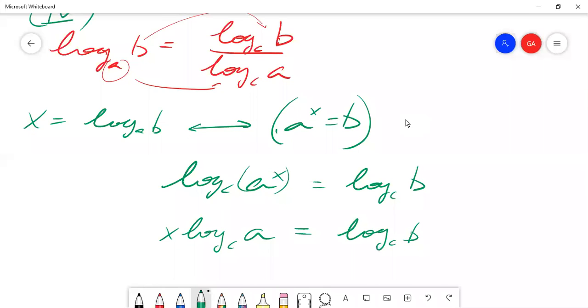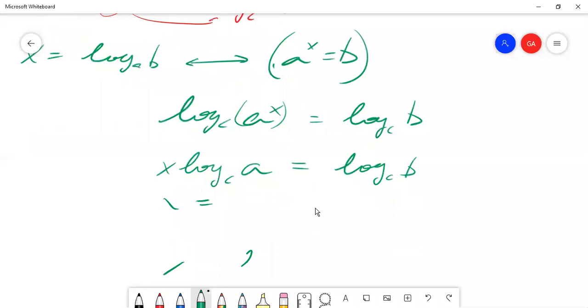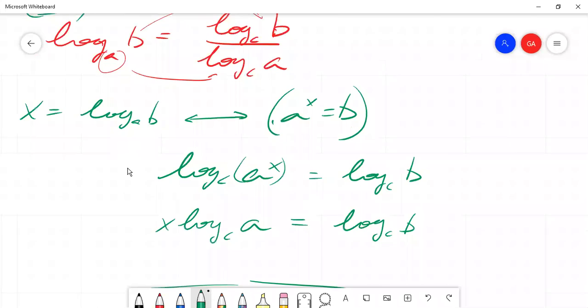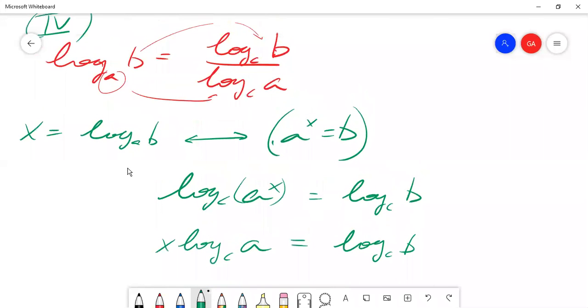The exponent gets thrown out here. And solving now for x, we're done. x is log base c of b divided by log base c of a. And that is what I promised you it would be. Log base c of b over log base c of a.